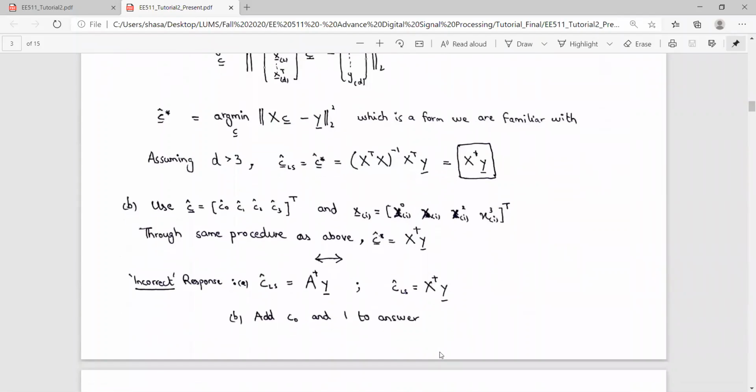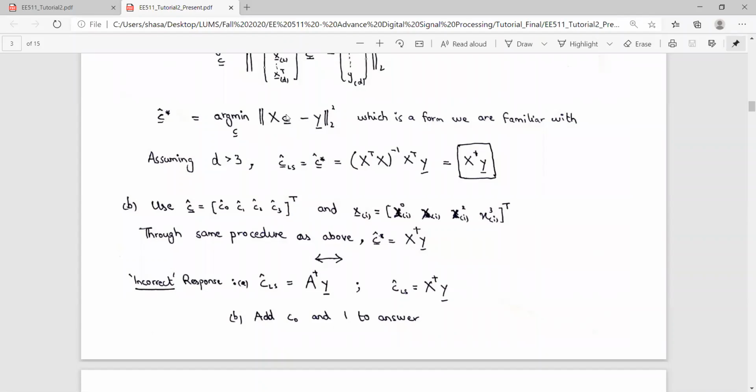So here are some responses, or the type of responses that I have seen in quizzes and homeworks, and this is not totally acceptable. One thing is that some of you are very fixated on the Ax minus y expression inside here.